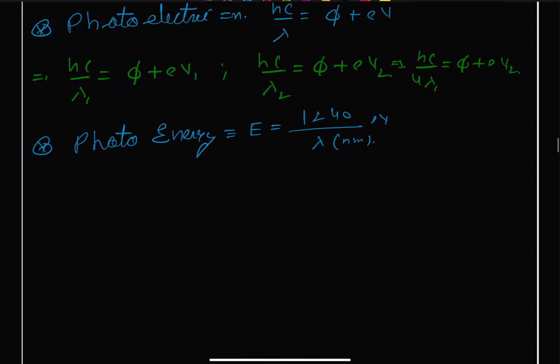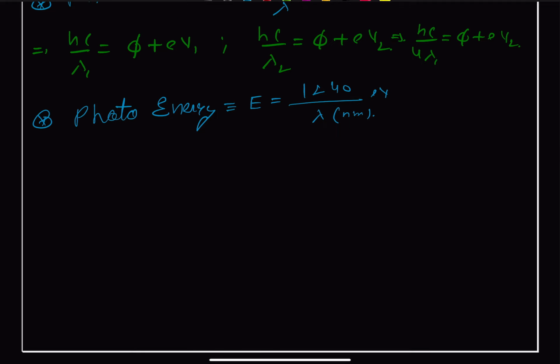Therefore, we have two wavelengths, and based on this we can write the equation of photon energy. In terms of our given stopping potential, we can say that eV1 is given as 6 electron volt, and eV2 is given as 0.6 electron volt.